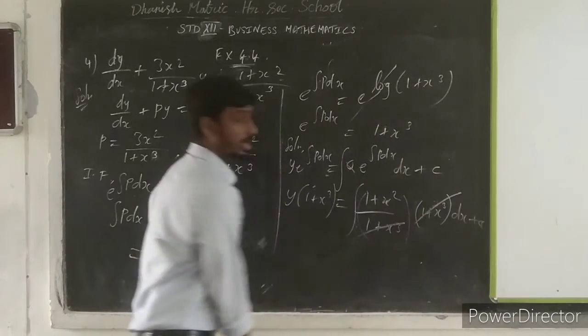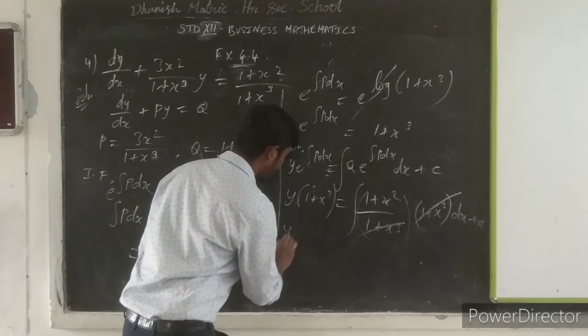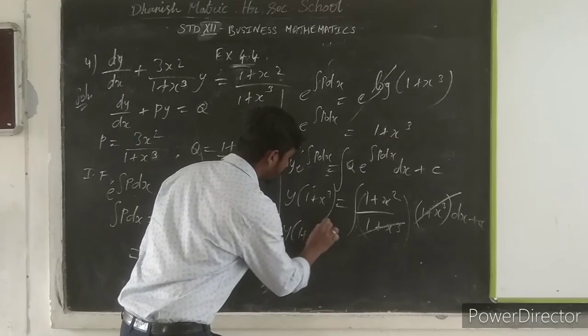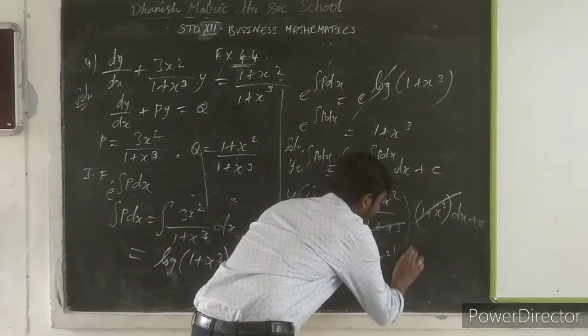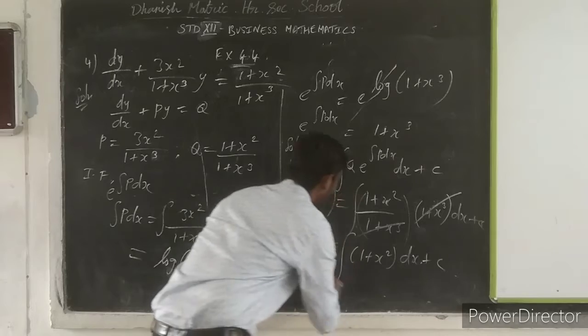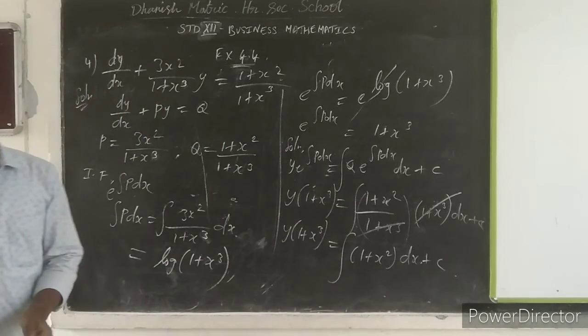So now cancel this one. 1 plus x cube and 1 plus x cube will be cancelled. What is the remaining value? y into 1 plus x cube equal to integrate of 1 plus x square dx plus c.